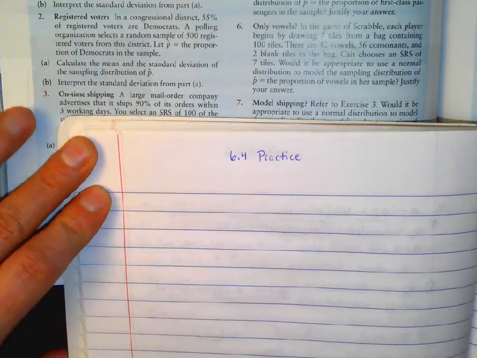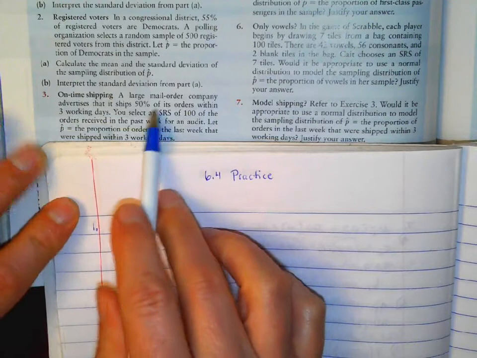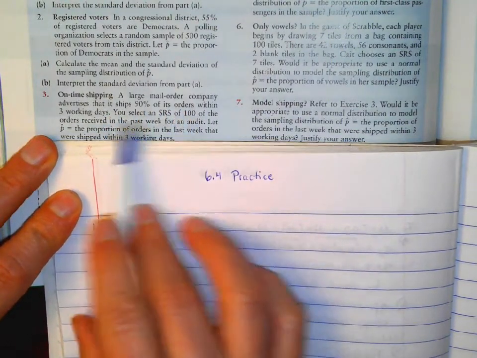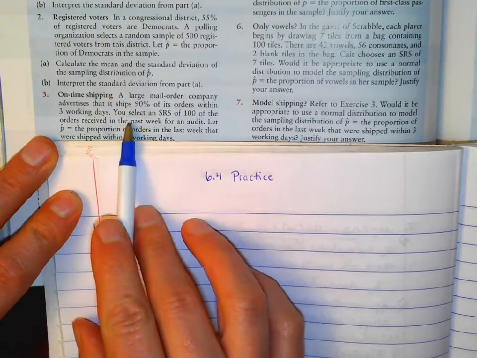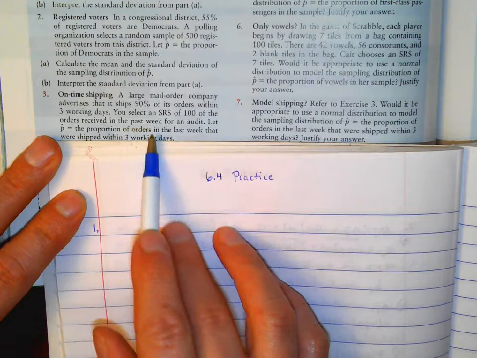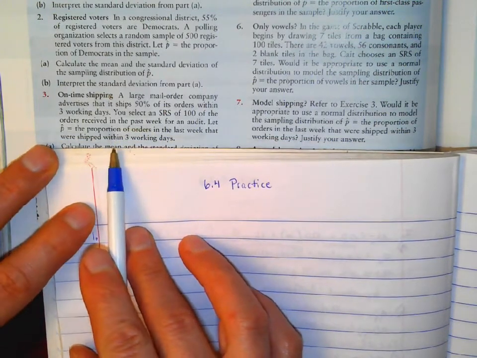This is 6.4 practice. Number 1, a large mail order company advertises that it ships 90% of its orders within 3 working days. You select a simple random sample of 100 of the orders in the past week for an audit. P is the proportion of orders in the last week that were shipped within 3 days.